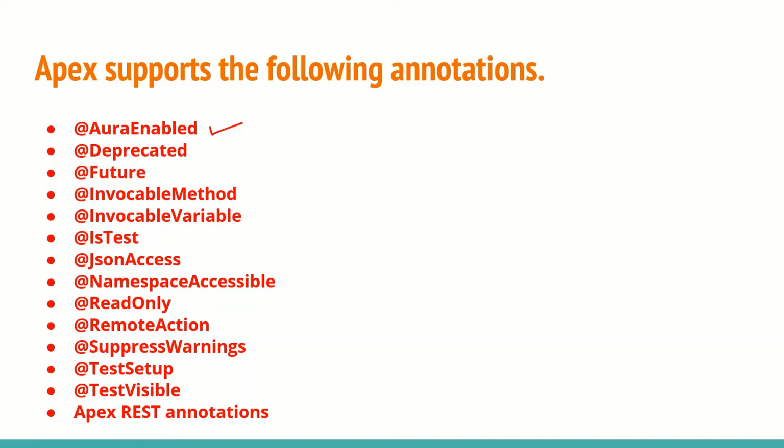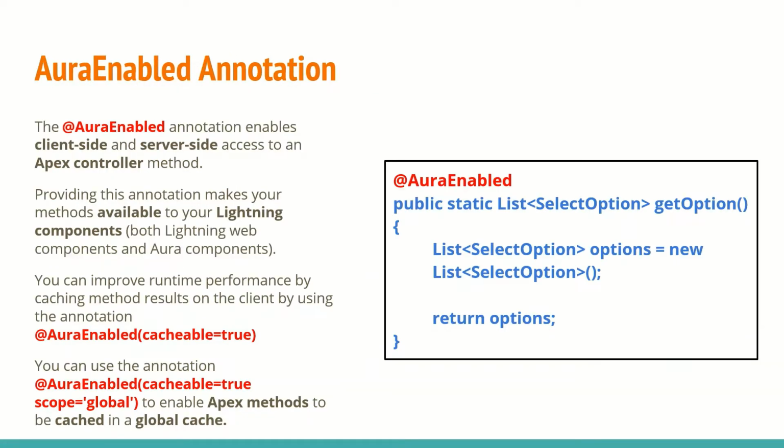So let's start with AuraEnabled. The AuraEnabled annotation enables client-side and server-side access to an Apex controller method. Providing this annotation makes your methods available to your Lightning components, both Lightning web components and Aura components. You can improve runtime performance by caching method results on the client by using the annotation @AuraEnabled, and then cacheable=true.